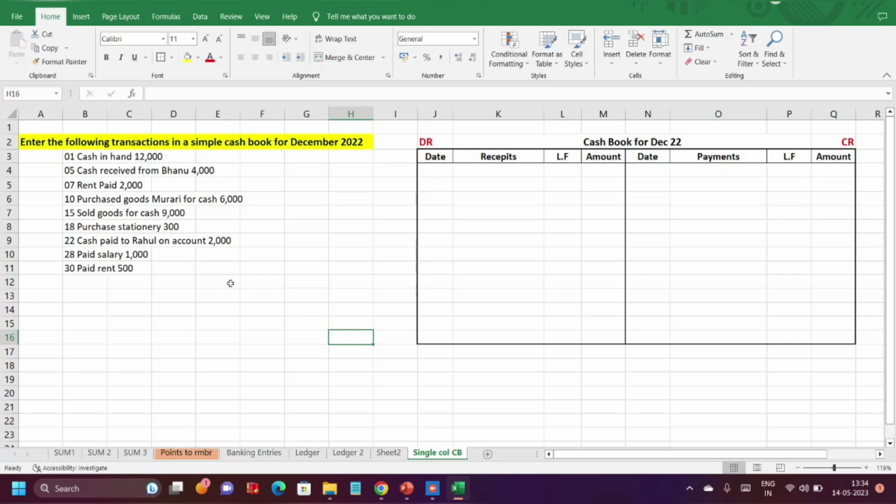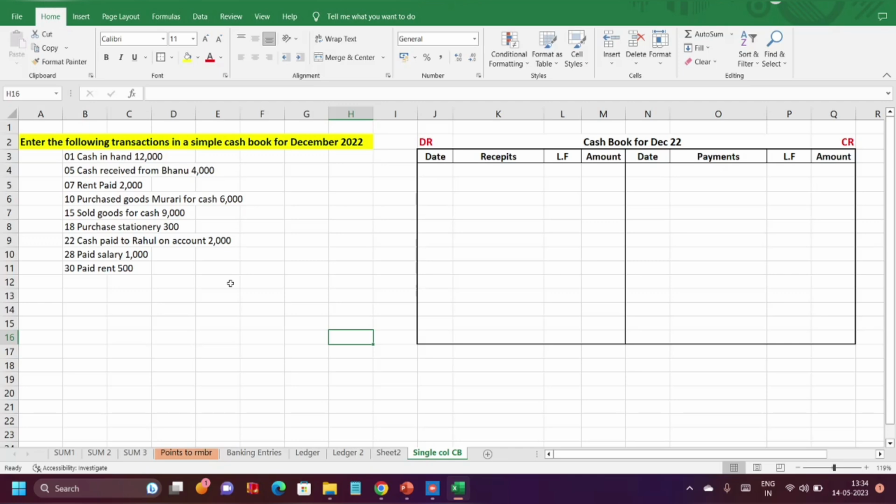So now let us quickly read out these transactions and post them in our single column cash book. Enter the following transactions in simple cash book for December 22. On December 1, cash in hand rupees 12,000. December 5, cash received from Banu 4,000. December 7, paid rent 2000.